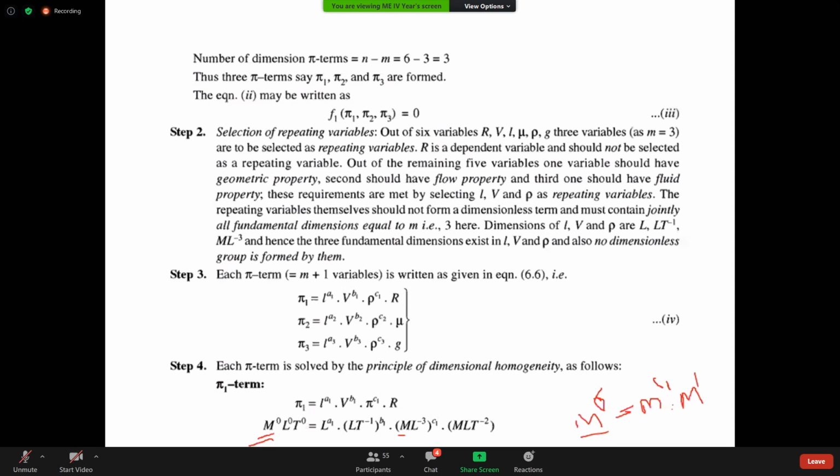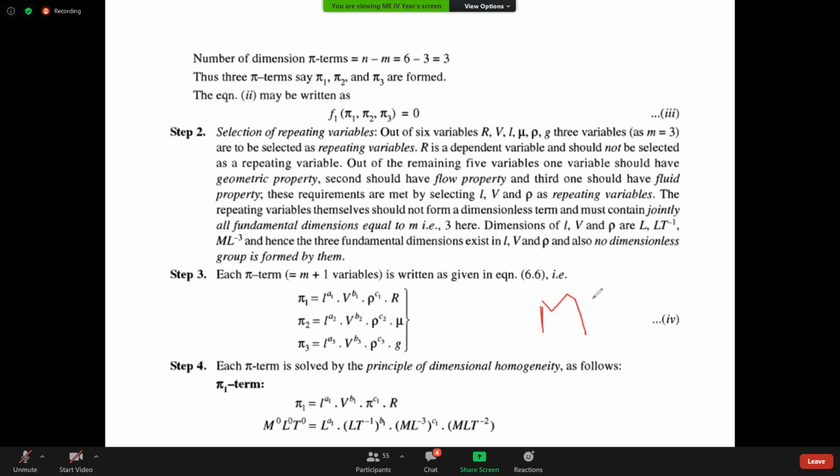Like in 7th class mathematics, if bases are equal, the powers need to be added, C1 plus 1. In both sides, if bases are equal, powers are also equal. C1 plus 1 is equal to 0, so I can find out C1 here. C1 is minus 1.